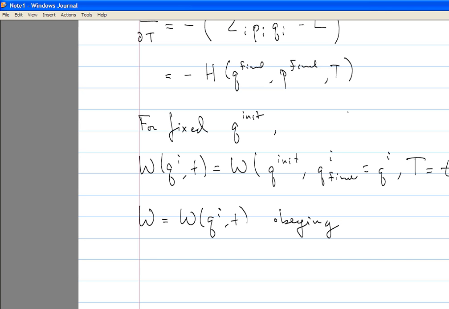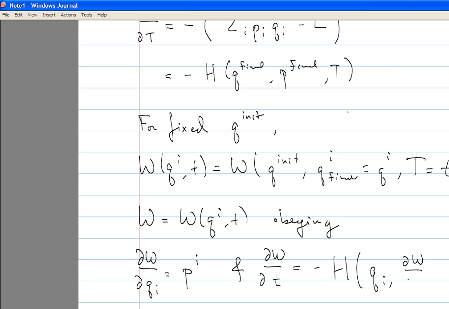So dW by dQi is equal to Pi, and dW by dt is equal to minus the Hamiltonian, thought of as a function of Qi, Pi, and t. And Pi, of course, is the same as dW by dQi. Right?